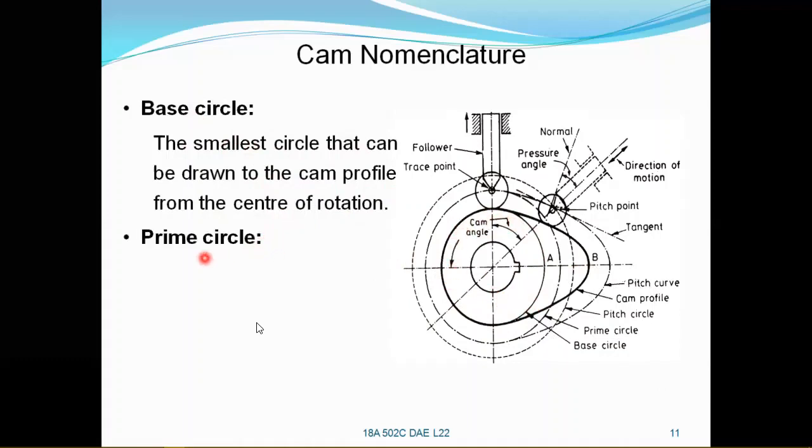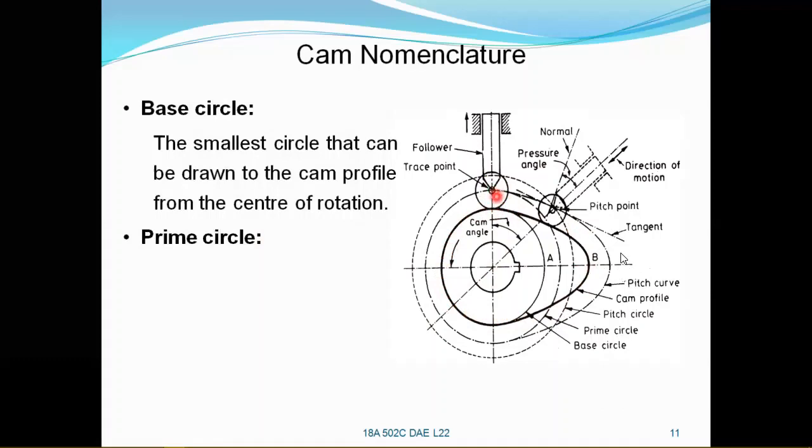Next, prime circle. So if you see, this is the smallest circle of the cam profile, and there is one point in the follower. In this roller follower, the roller will rotate about its own axis, and it will be in touch with this cam profile.